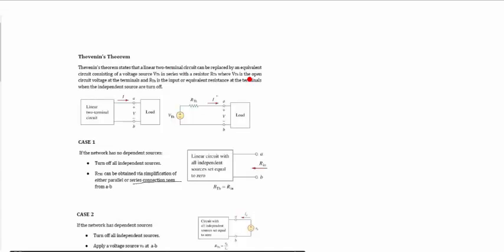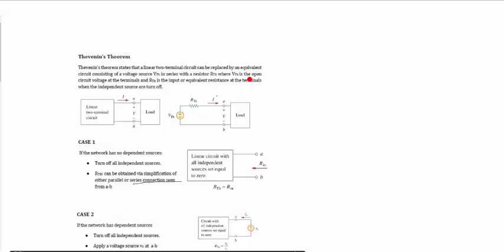There are some steps and rules that we have to follow to do this. We need to know the two cases. First, if the network has no dependent sources, you just turn off all the independent sources, the only sources that are there, and you can obtain your RTH.